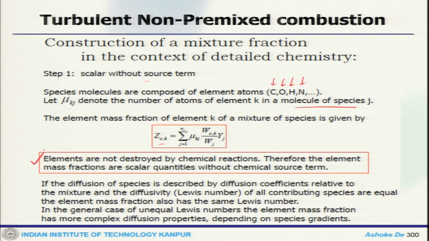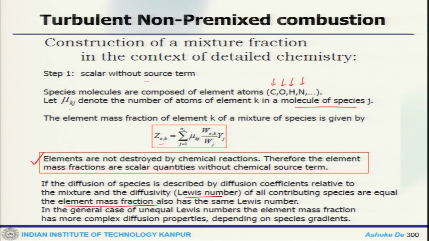Now, the whole idea is that elements are not destroyed by chemical reaction, therefore, the element mass fractions are scalar quantities without chemical source term. So, this is important. Now, in the diffusion, species is described by the diffusion coefficient relative to the mixture fraction, and the diffusivity of all contributing species are equal.